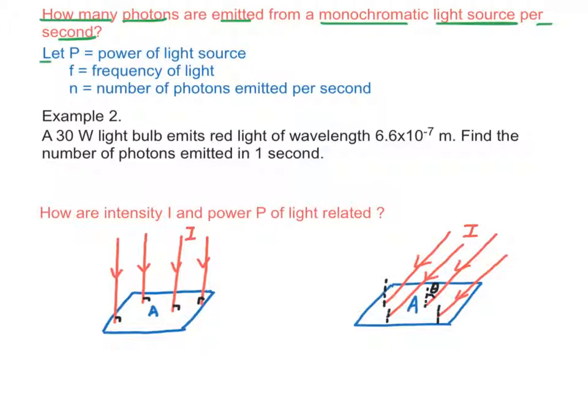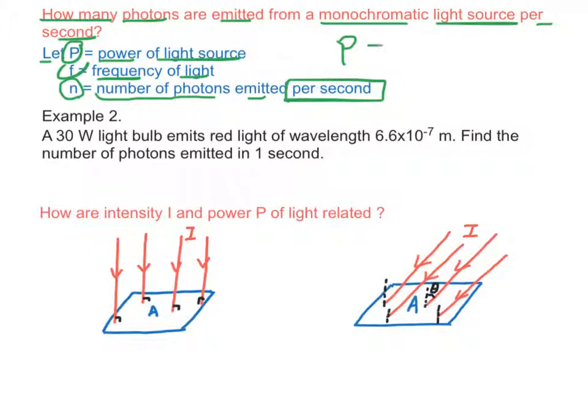If we let P be the power of the light source, f be the frequency of the light, and N be the number of photons emitted per second, then we have power P equals N hf, where hf is the energy of one photon, and Nhf is the total photon energy emitted per second, which is the power of the light source.